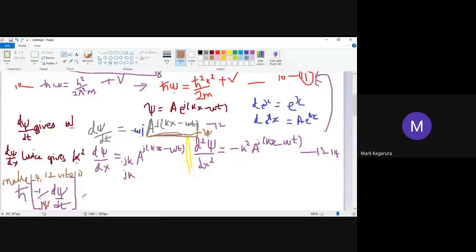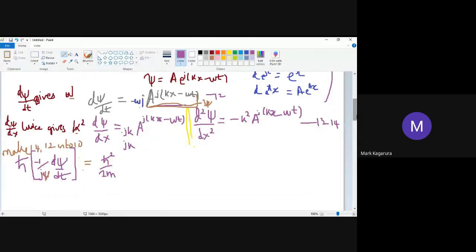And then we'll have the equal signs. Then what else did we have on this side? H squared, h bar squared over 2m. And we're going to make k the subject. So this is k, so this is going to be phi again, I mean psi. So this is k squared psi.